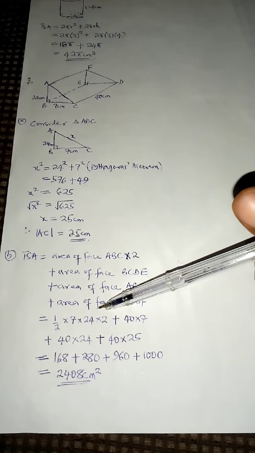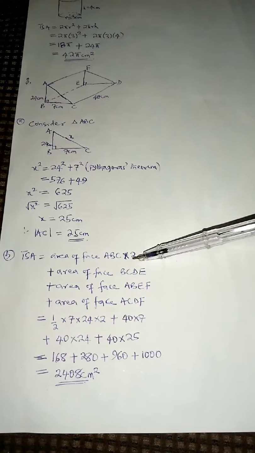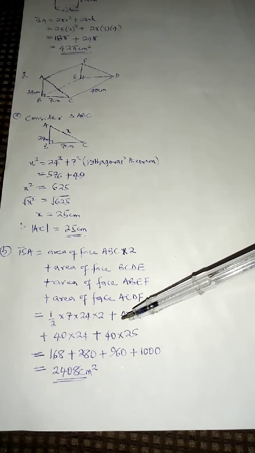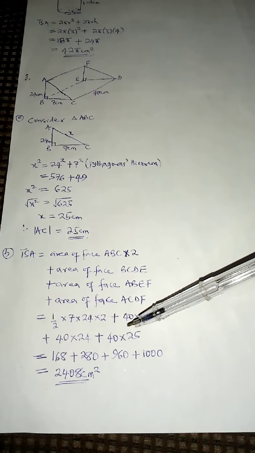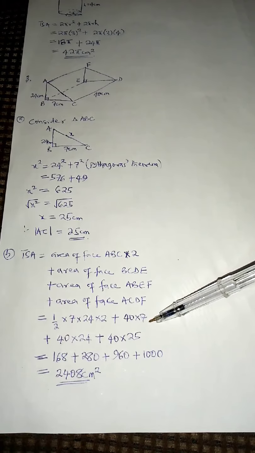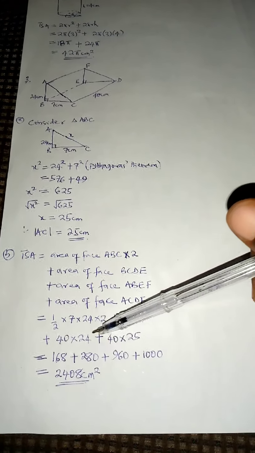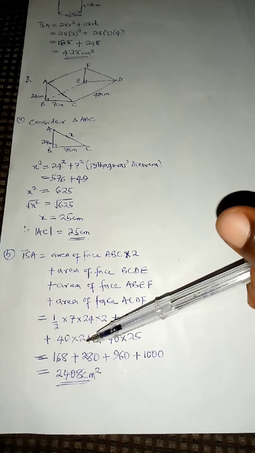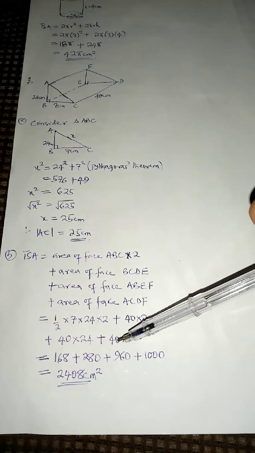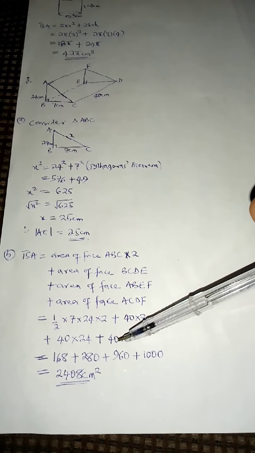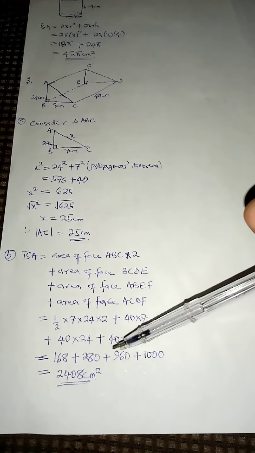Our base is 7, the height is 24, times 2 to take care of face FED. That of the rectangle BCDE, the length is 40, the height is 7. Check the diagram. That of face ABEF, the length is 40, the breadth is 24. For face ACDF, the length is 40, the breadth is 25.